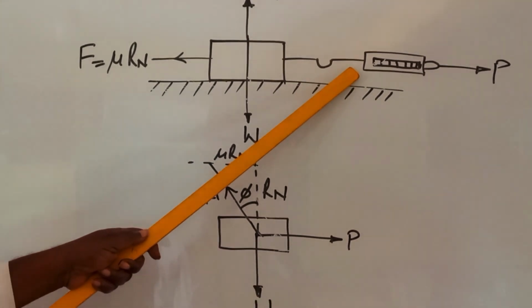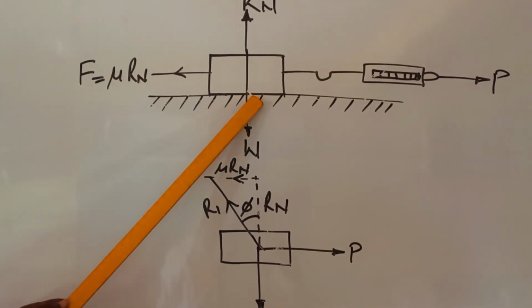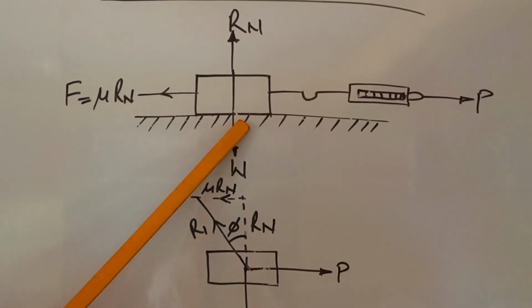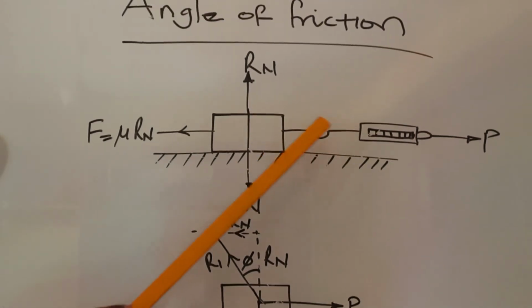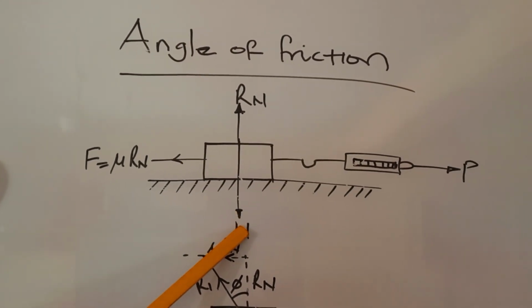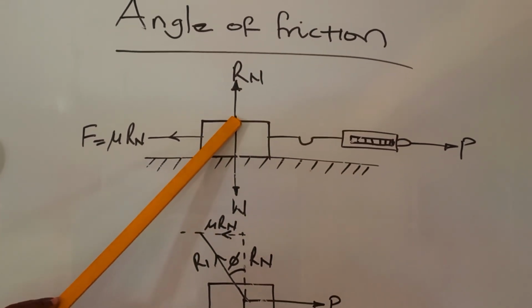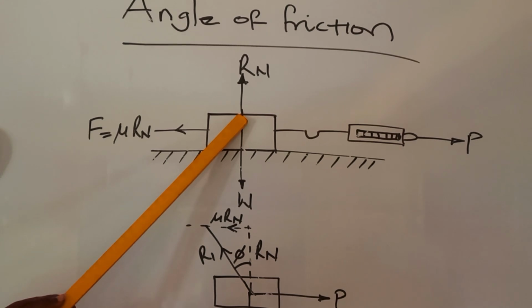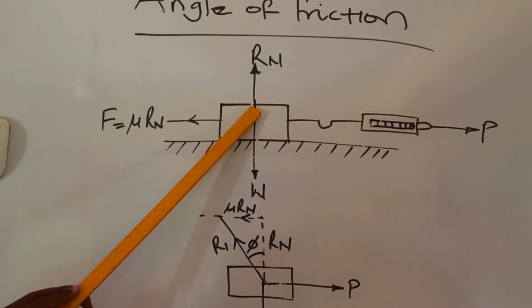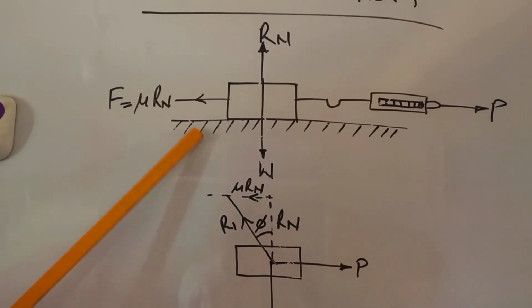It is clear from the figure above that four forces act upon the block: the force P, the weight of the block, W, the induced reaction, Rn, of the surface, and the induced frictional force, F, which equals mu Rn.